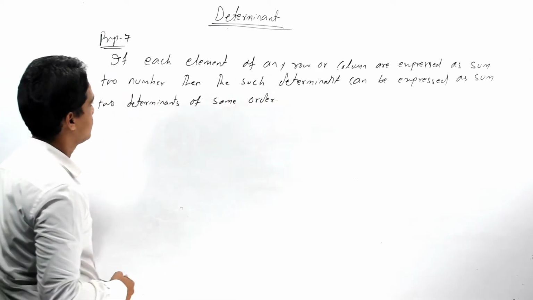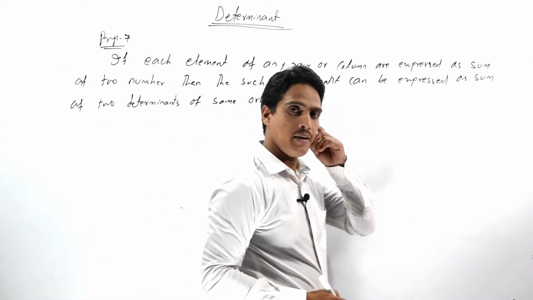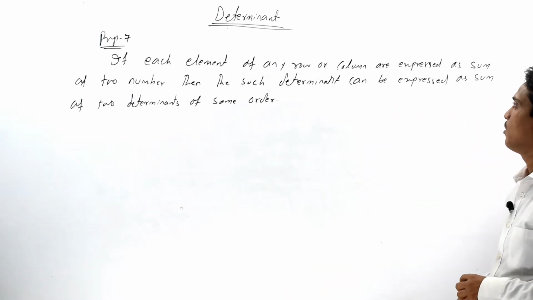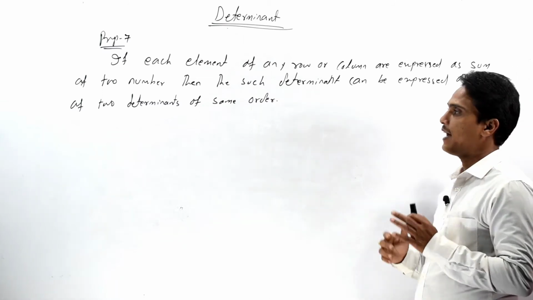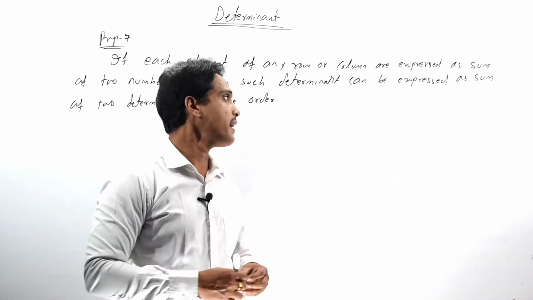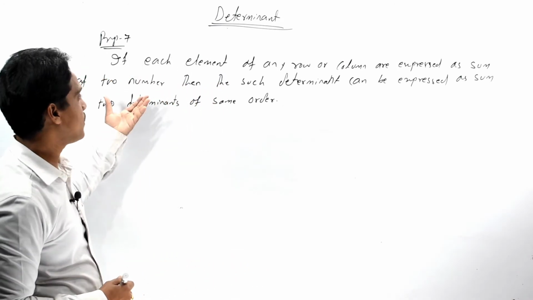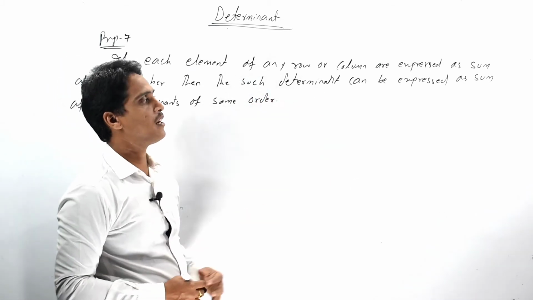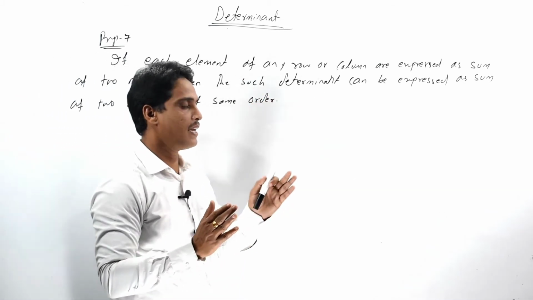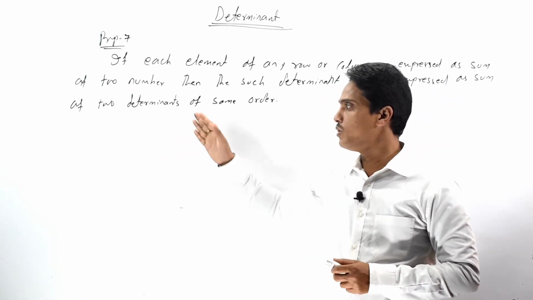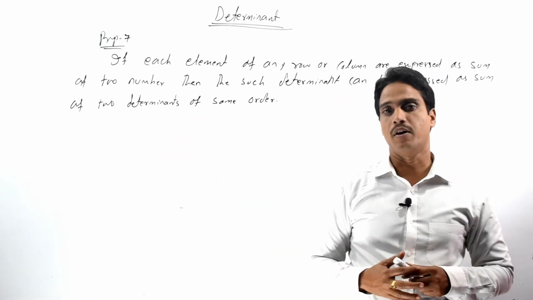That means if the elements of any row or column are expressed as sum or minus of two numbers, then such a determinant can be expressed as sum of two determinants of same order.